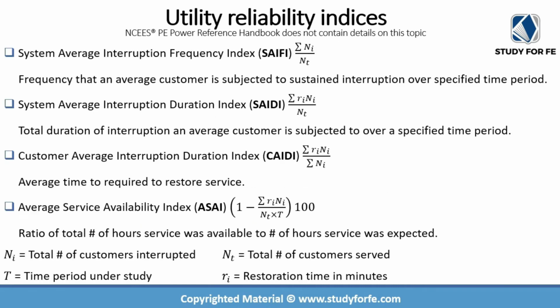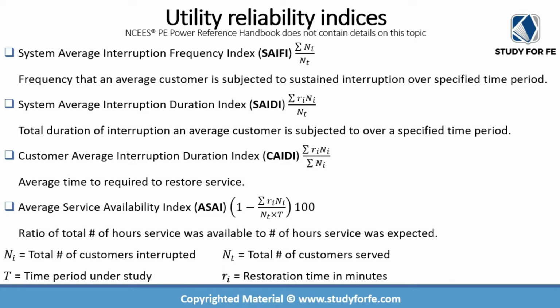So the next set of reliability indices that we are going to look at are more frequently used by your local distribution company, and it has to do with the level of customer service. The first one is System Average Interruption Frequency Index. It's quite a long description for a reliability index.